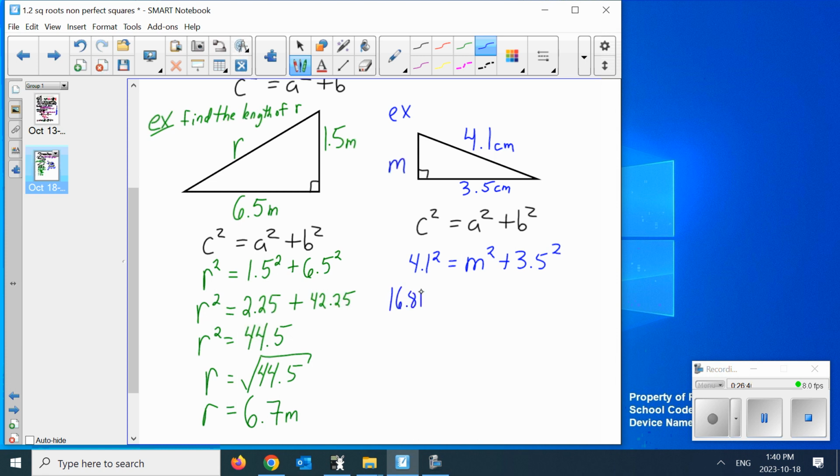I'm leaving a bit of space here, and you'll see why in a second. M squared, I can't do anything, I'm just calling it M squared. But when I put 3.5 in my calculator and square it, I get 12.25. So I just worked straight down, replacing everything with numbers.